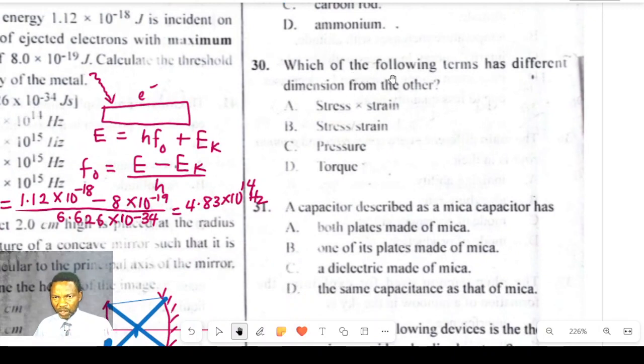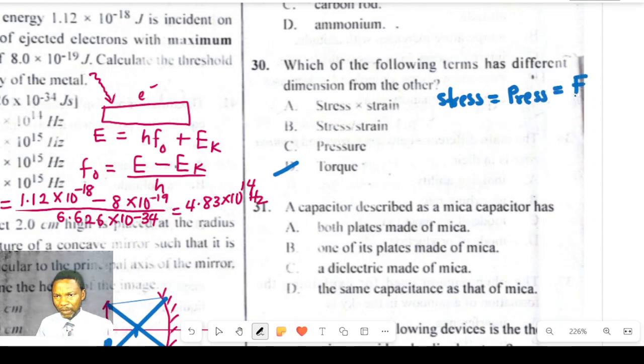So which of the following terms has a different dimension from the others? I think the answer is D. Let me show you. Look at the stress. Stress has the same formula as pressure, which is force per unit area.